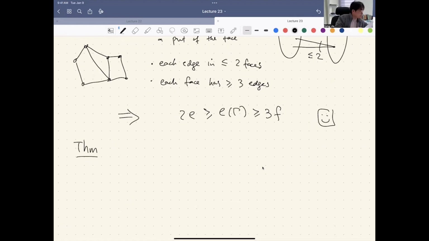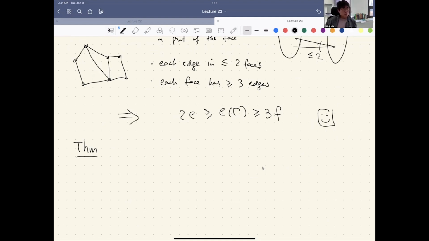The theorem. A planar graph has at most 3n minus 6 edges.